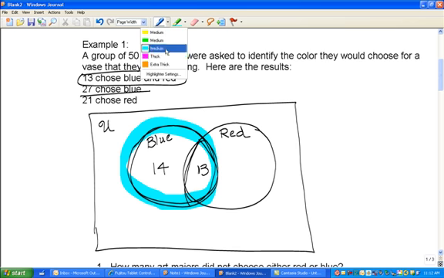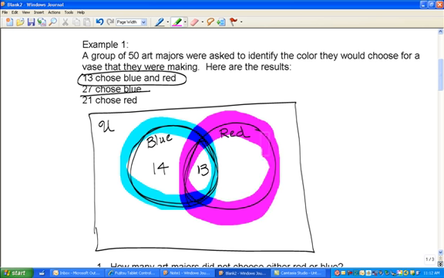Now when we go to the circle for red, and this is not quite red, but I'll use this to highlight it, we have 21. Well, we already have 13, so that means we need 8 more to make the 21. Now, we were told there were 50 in all. Do we have 50 people in this diagram?